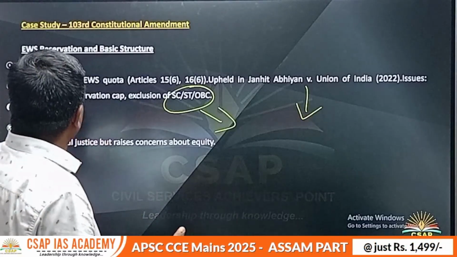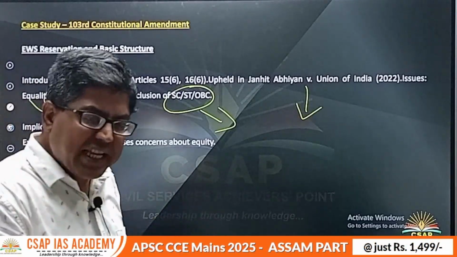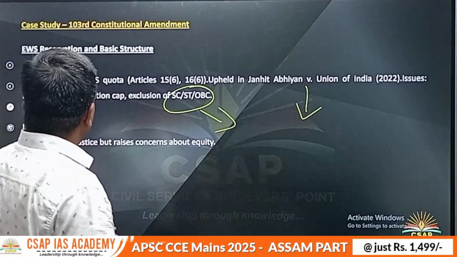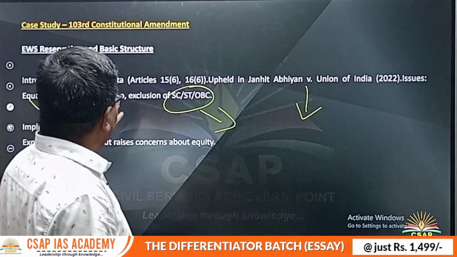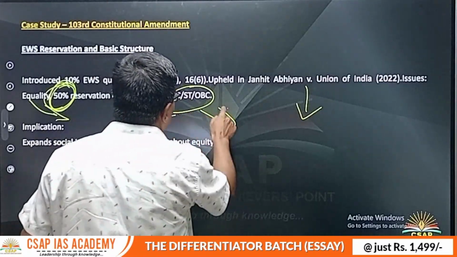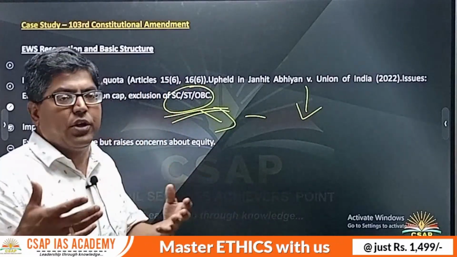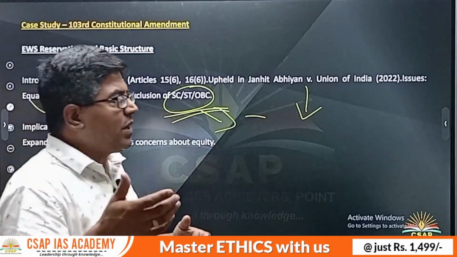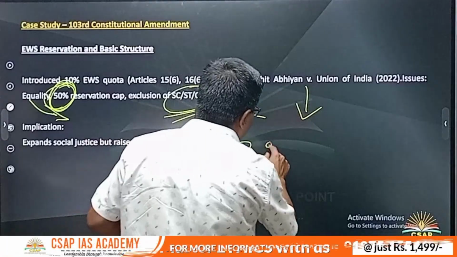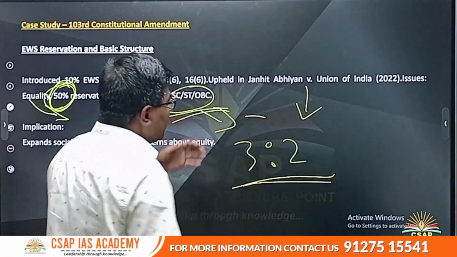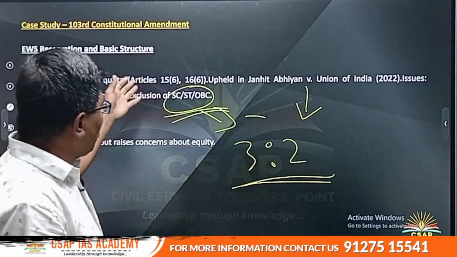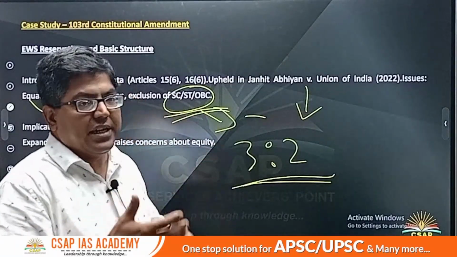So it said that the 50% cap was not sacrosanct, it could be crossed, and therefore it allowed it, though in this case also the verdict was not unanimous, it was divided, 3-2. So though it was accepted, the debate is still there.